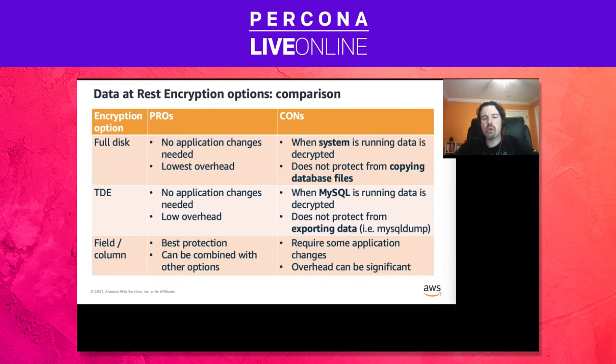So the field column level encryption probably provides the best security. It provides the best protection. And also it can be combined with other options like full disk encryption. However, it requires some application changes, and also overhead can be significant in some cases.